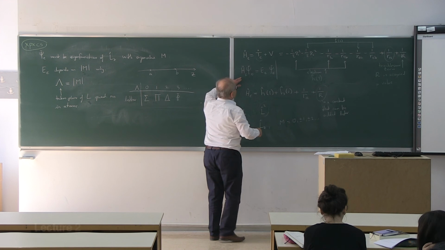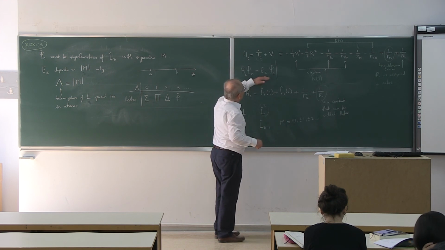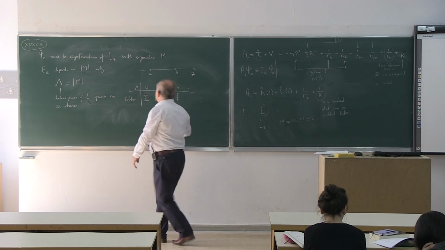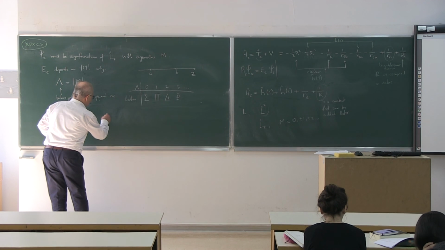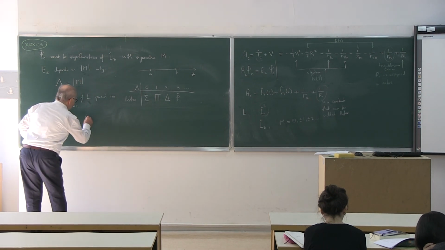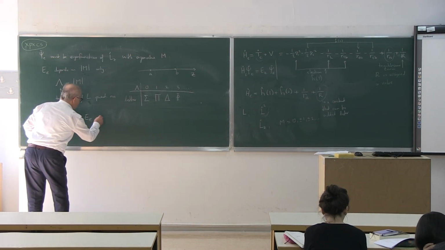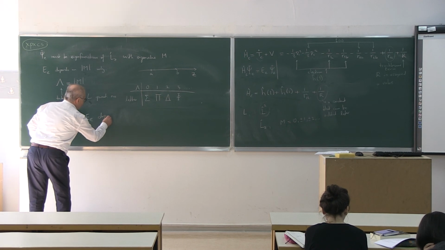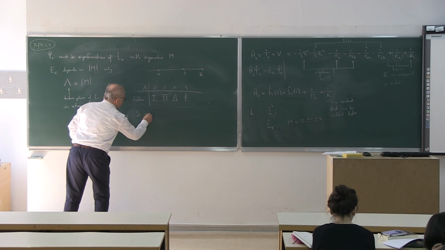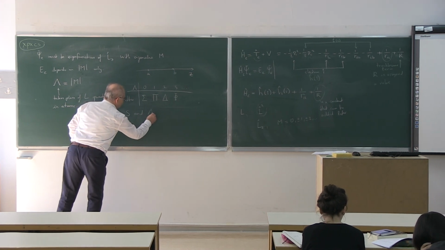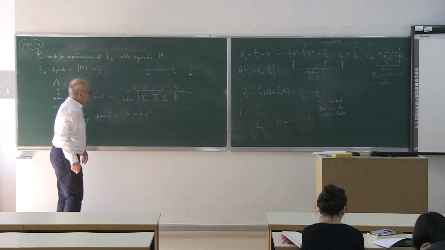The exact energies of this molecular Schrödinger equation depend on both the lambda value and the S value. So we can write that the electronic energies depend on S and lambda.